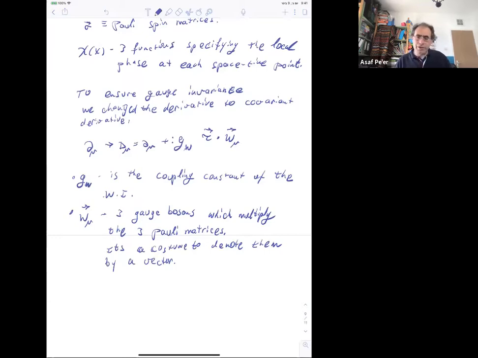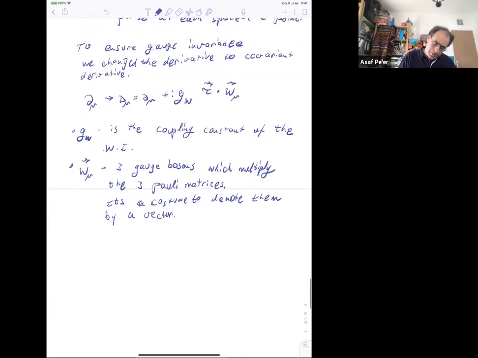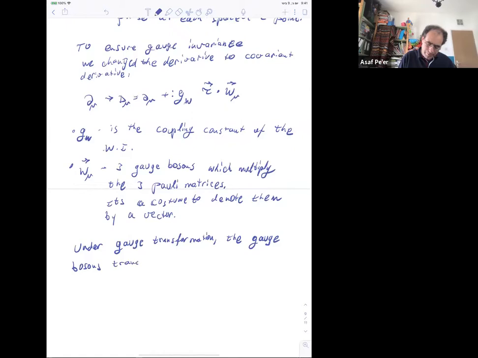Now, similar to what we did in QCD, basically I'm repeating one by one the steps we did there. The three gauge bosons transform under gauge transformation as W^μ minus ∂^μ χ.